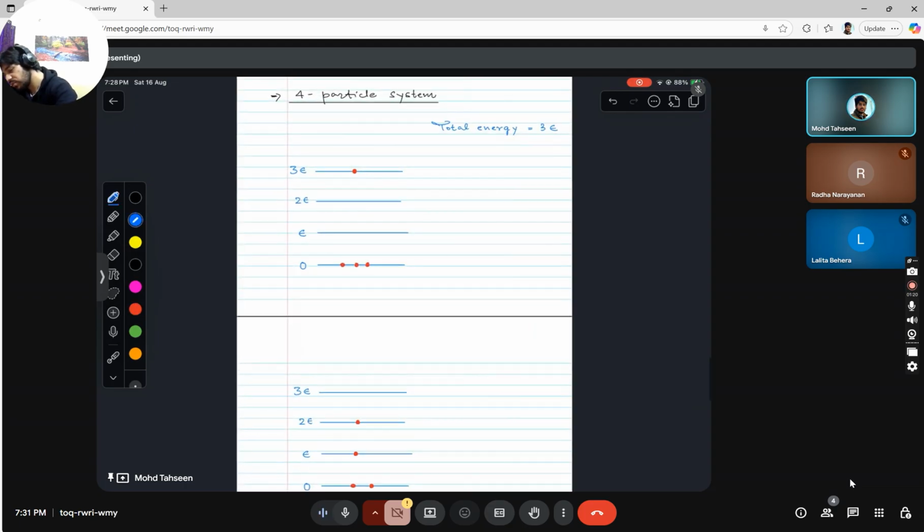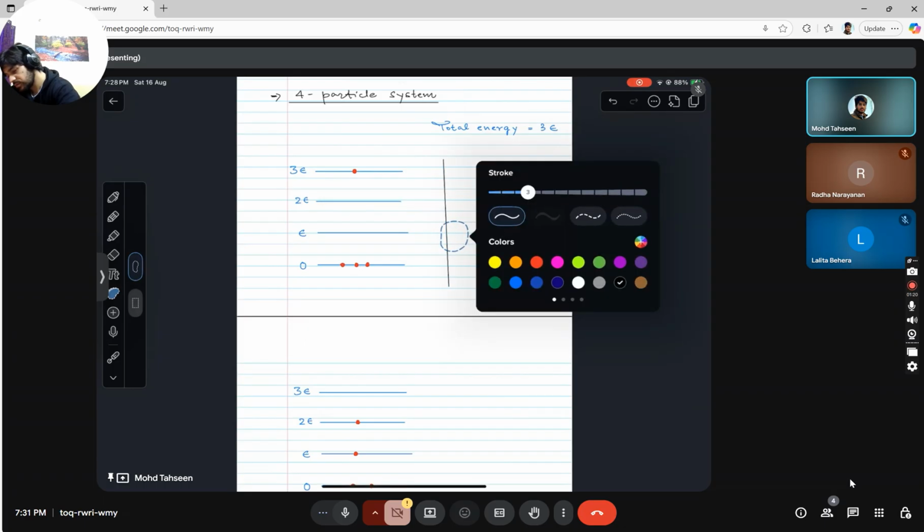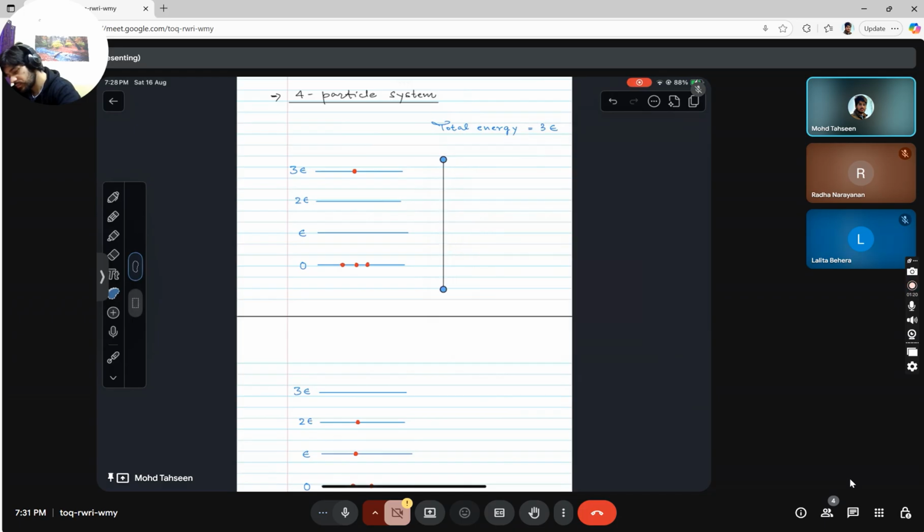How do we calculate the number of ways for this one? We can use the same principle.